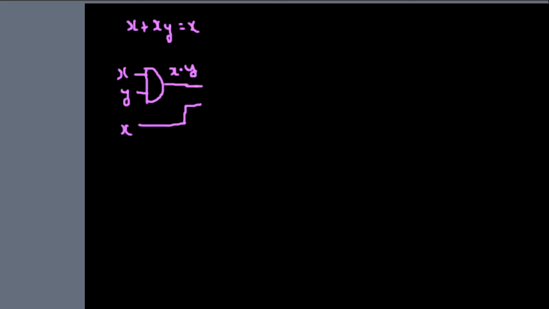And we have this plus over here, so I'll draw an OR gate. Now our output would be x plus xy, which is the same as x. So this is the gate representation, and let's verify this with the help of a truth table.